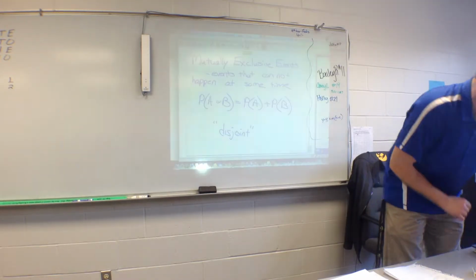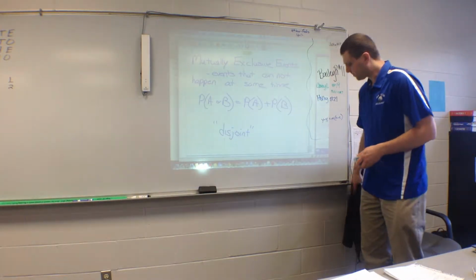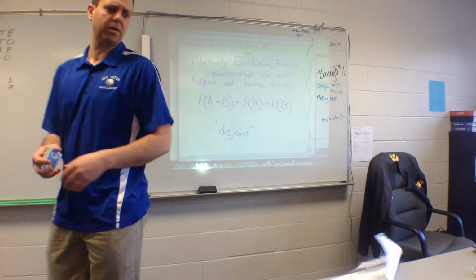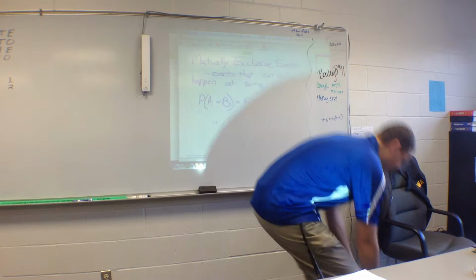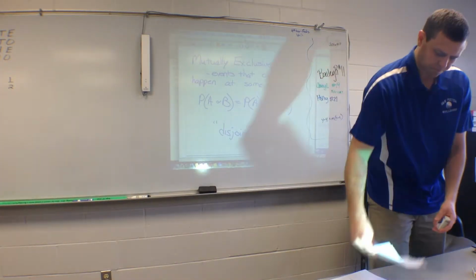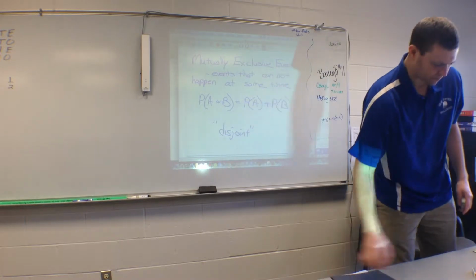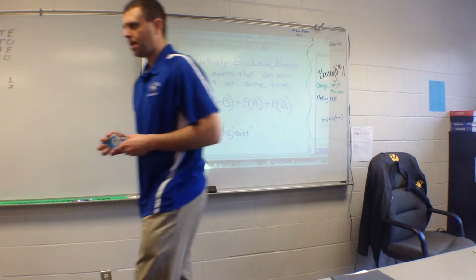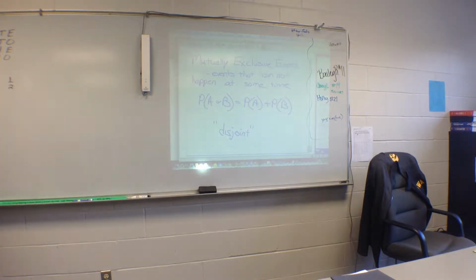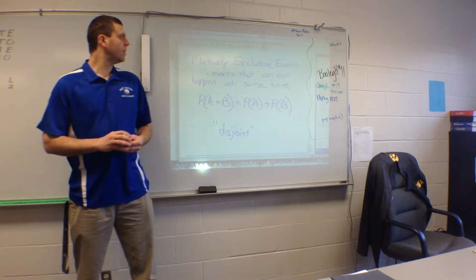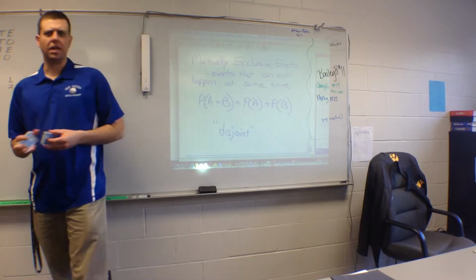And that's where we start your notes today. This is still Learning Target 10.2. We're still working with probabilities, just getting into a little bit more complex probabilities. Mutually exclusive events. Your book, for some reason, also likes to call them disjoint events.